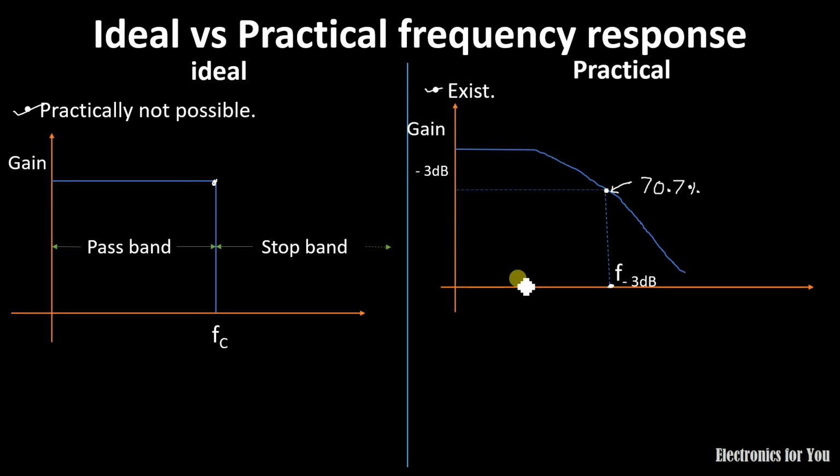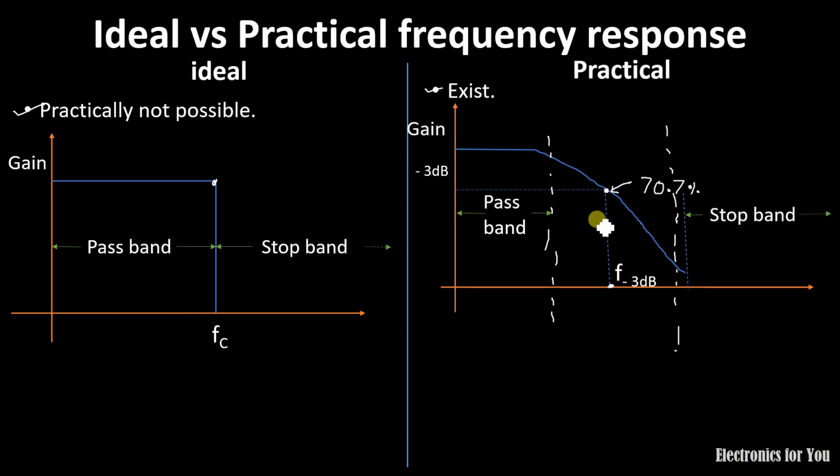In general, we will get pass band and stop band. So this is the range of frequency which is directly allowed through the filter. Now stop band is the frequency range where we will get the output as 0. So we will get stop band here like this.